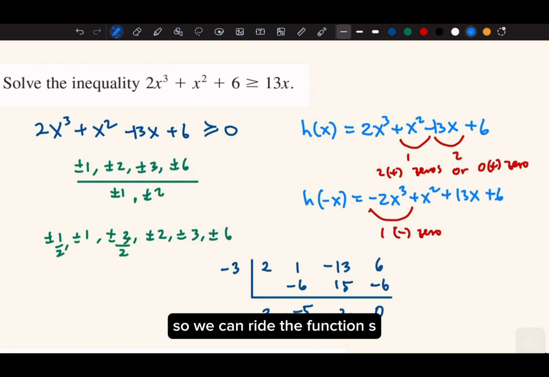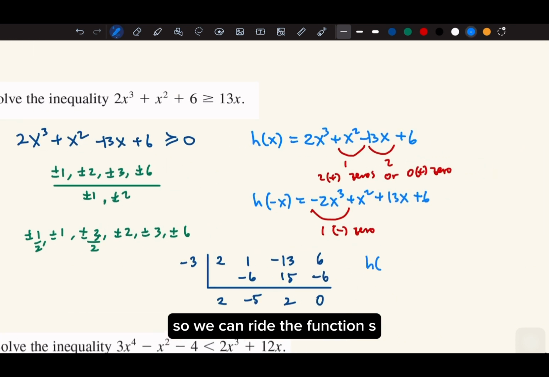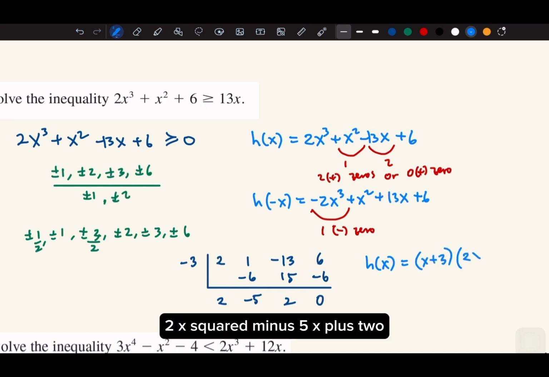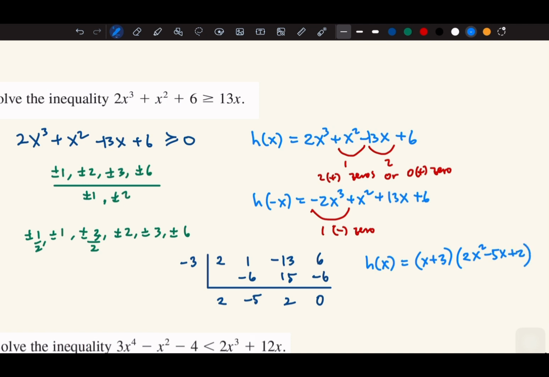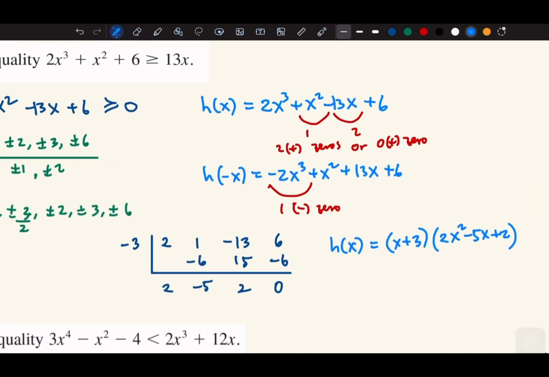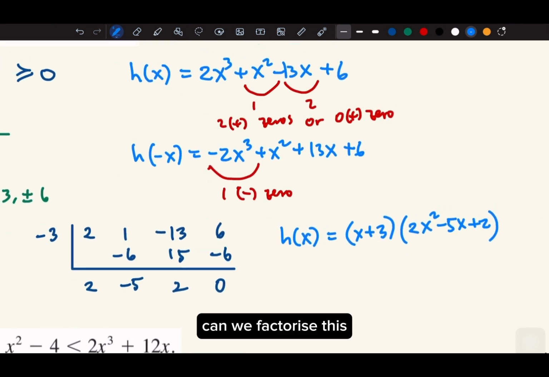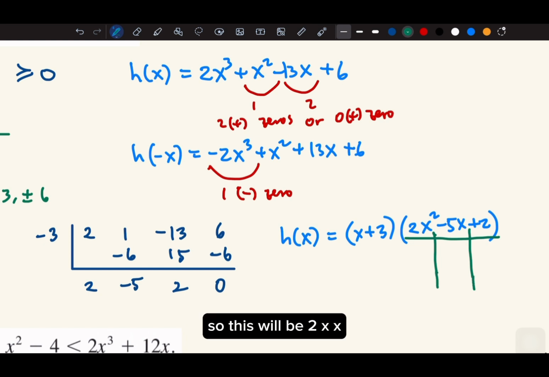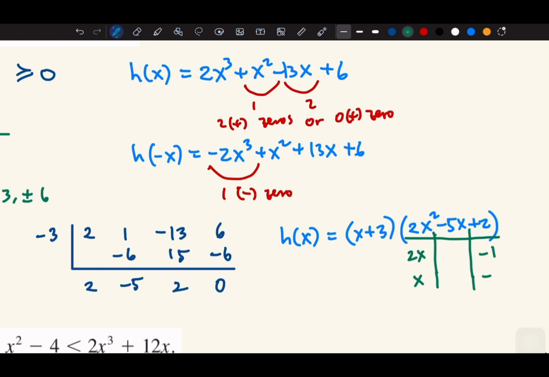So we can write the function as x plus 3 times 2x squared minus 5x plus 2. Can we factorize this? So this will be 2x, x, should be 1 and negative, right?